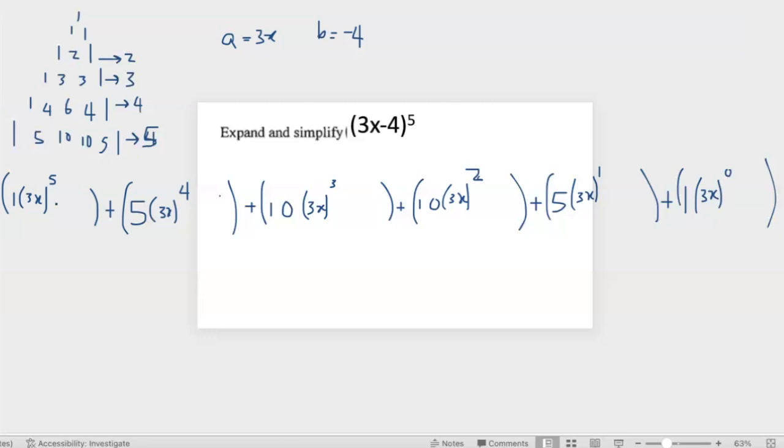Then we're going to move on to the next term, which is negative 4. And we are going to have to increase. So we start at 0 and increase.